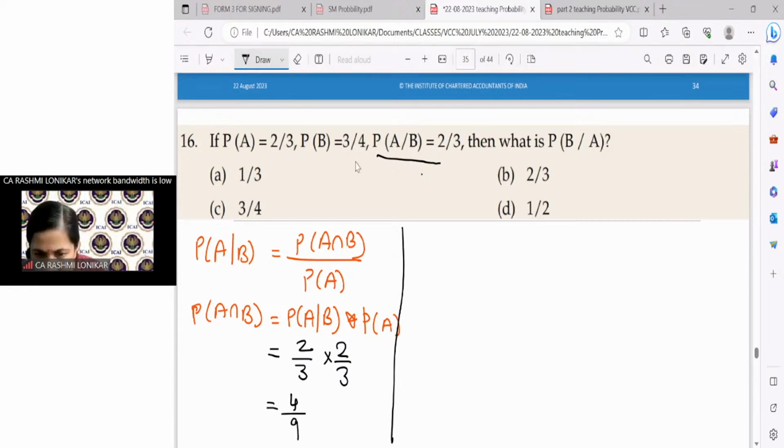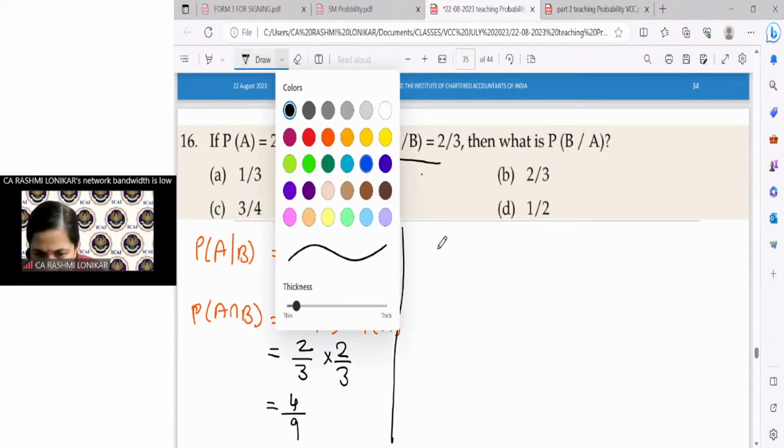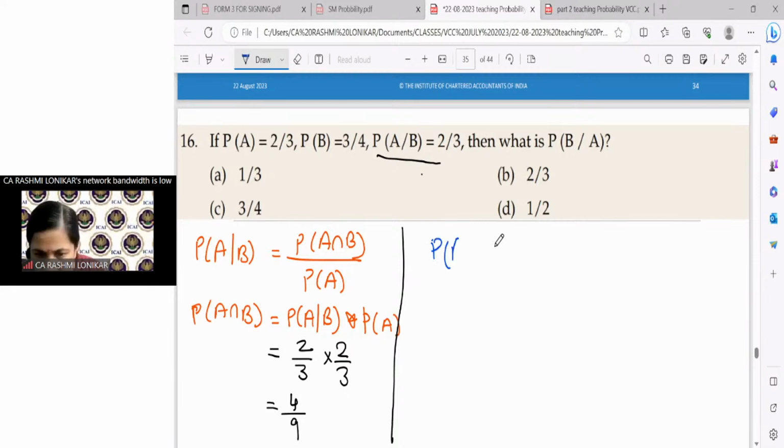Now what are they asking me? They're asking me P(B given A) is equal to P(A intersection B) upon P(A). Oh, sorry. This is incorrect.